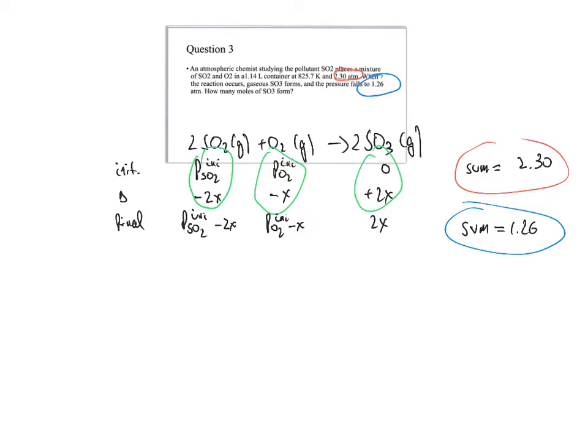Now, that is really useful because now I can use this final equation here and rearrange. So the pressure of SO2 initially minus 2x plus the pressure of O2 initially minus x plus 2x is equal to 1.26. Can we write this?